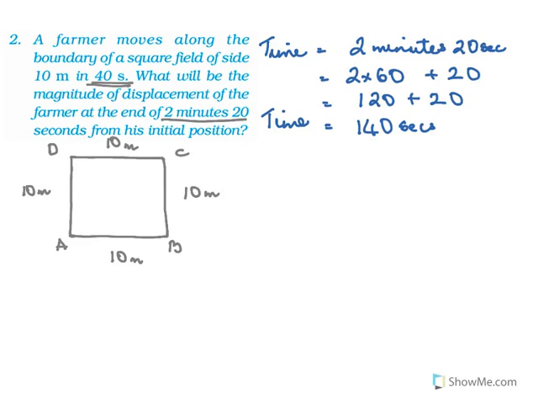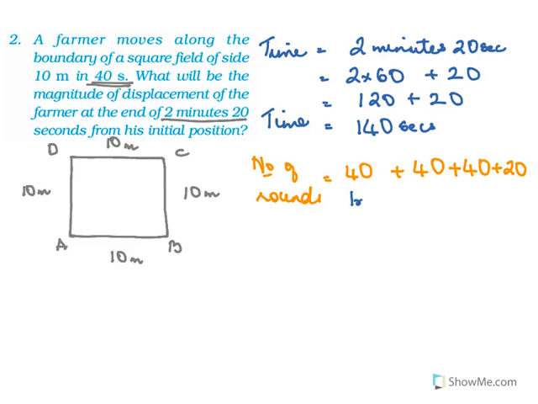Now in 140 seconds we must see how many rounds he would take. So I'll find out the number of rounds. It will be 40, one round, plus 40, another round. 40 will be the third round, 120 plus 20, half a round.